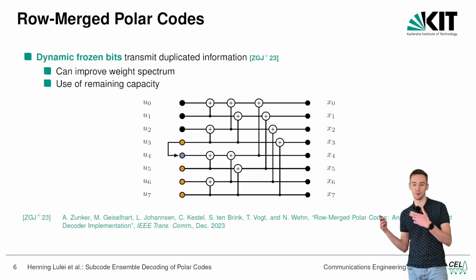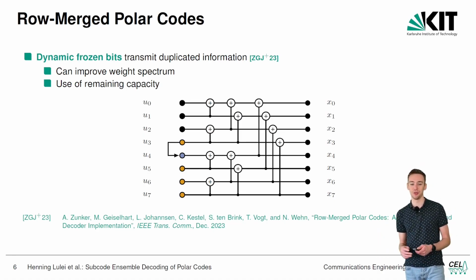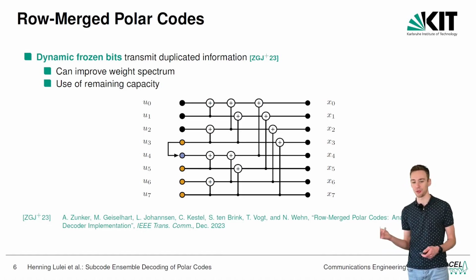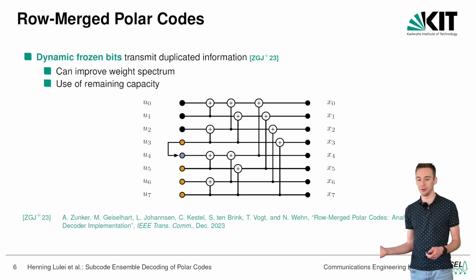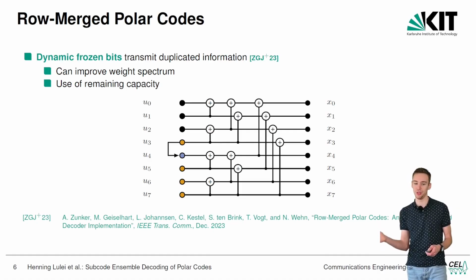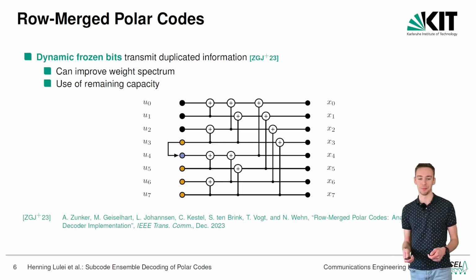So right here, we copy the value of U3, which is dependent on our data, and plug that value into U4, which is now dynamic frozen because its value can change. But it's still not an information bit, because in decoding, we decode U3 first, and can then decode the value of U4 because it is known, because we know U3.